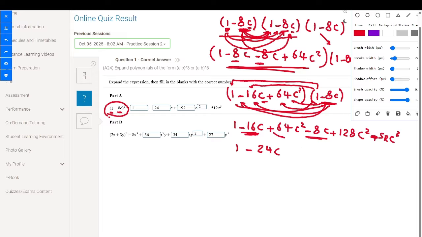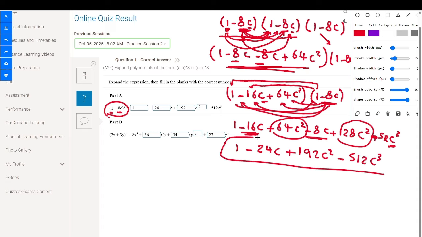Now we have 64c squared plus 128, plus 64, which will be equal to positive 192c squared, and for the last one, minus 512c to the power of 3. So this will be the answer for part A.